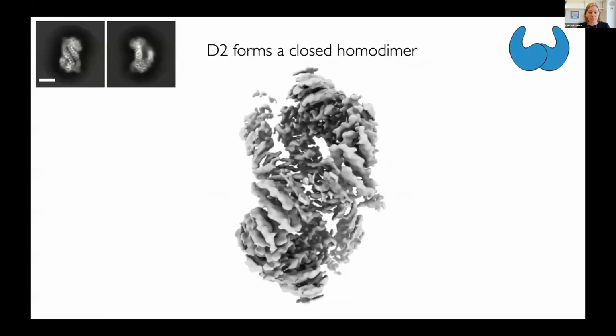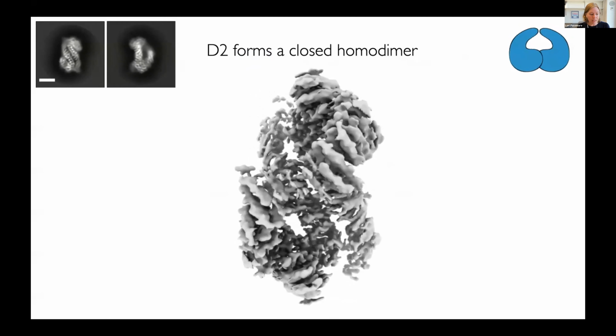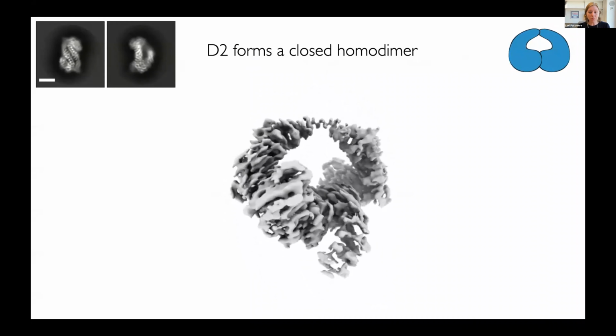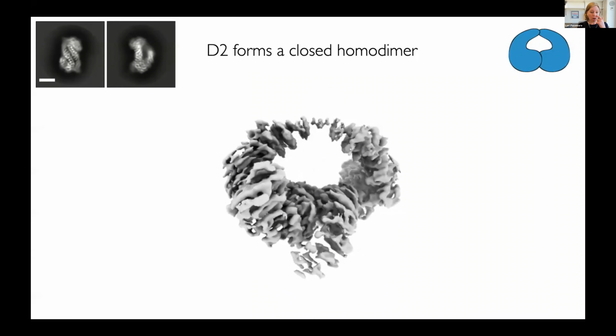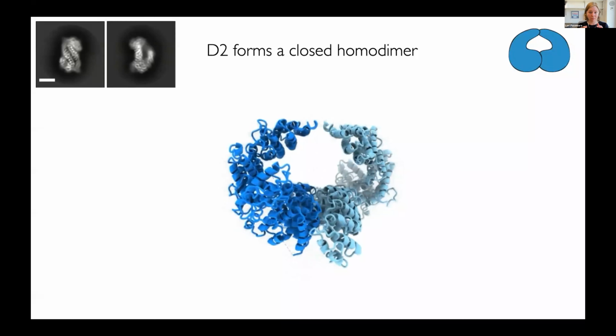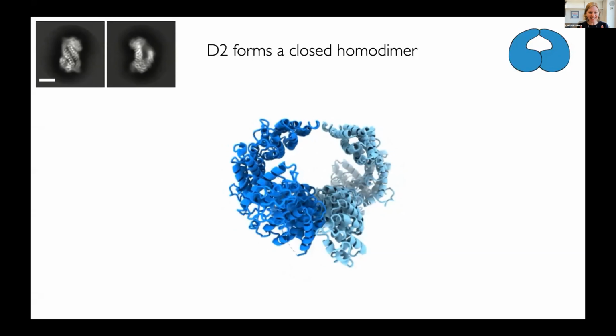This FANC-D2 dimer is symmetric, with each protomer containing the same overall architecture as in the heterodimeric complex. But surprisingly, this D2 dimer was in a closed conformation. So it looked more similar to the ubiquitinated complex rather than the unmodified complex.